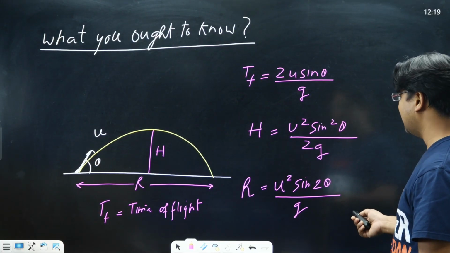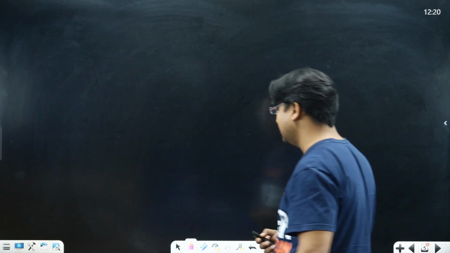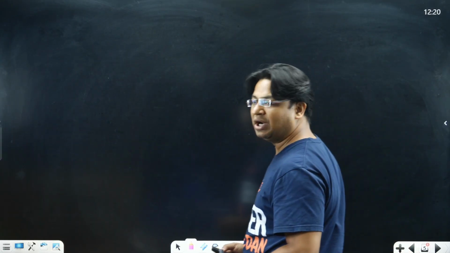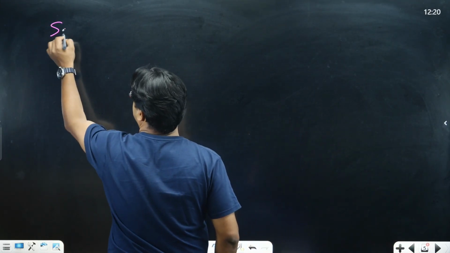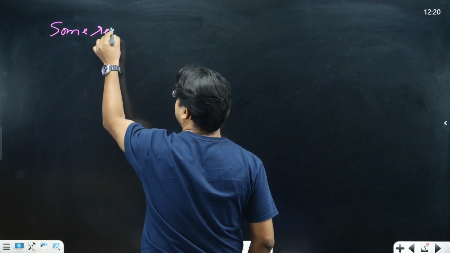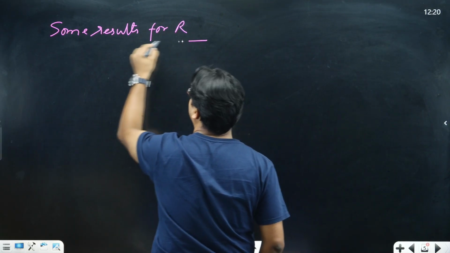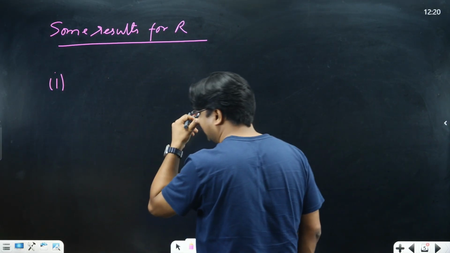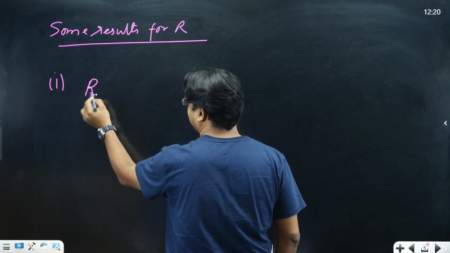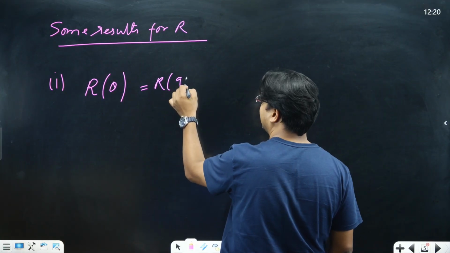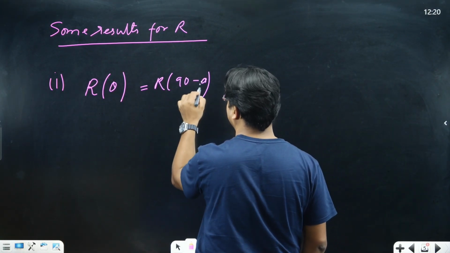Now apart from this, you should know some results around R. Once you have obtained the formula of R, it can be proven that the range for angle theta and the range for angle 90 minus theta is the same.